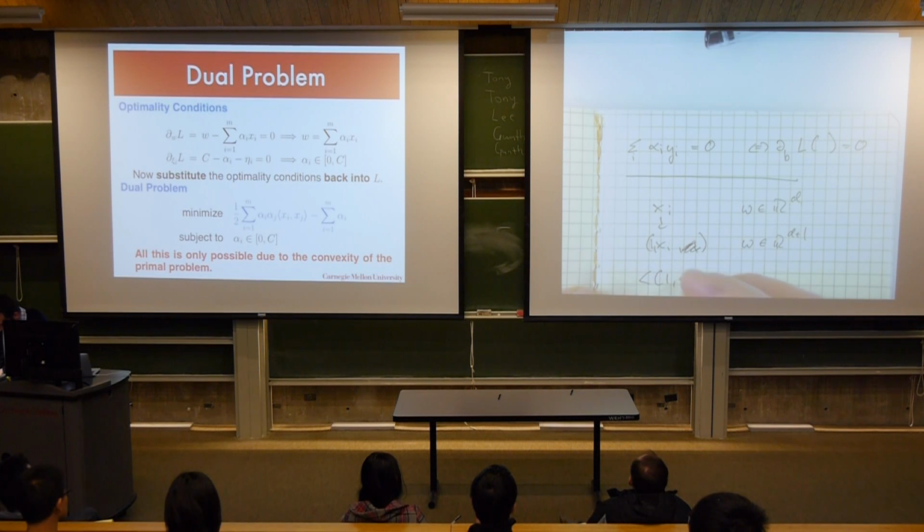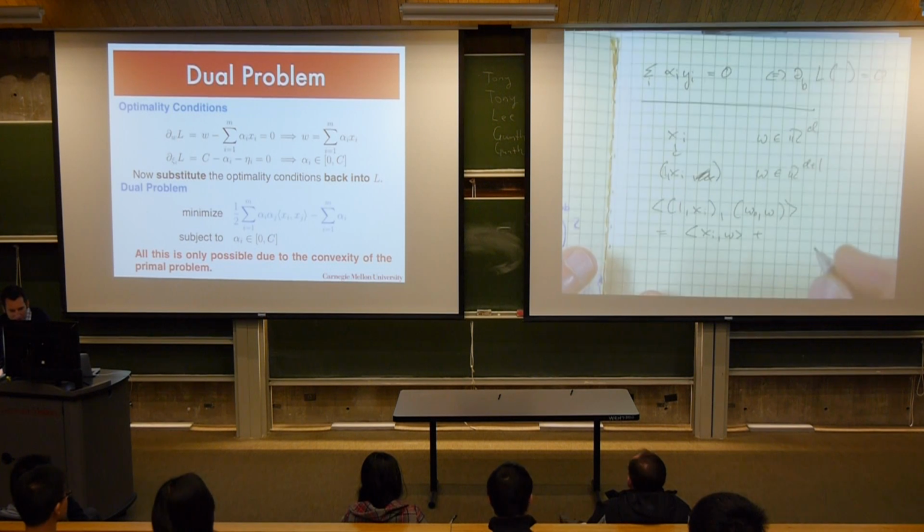So I have (1, xi) dot (w0, w). This is basically my 0th coordinate, plus what we had before, xi dot w, plus w0. So this is our b, right?